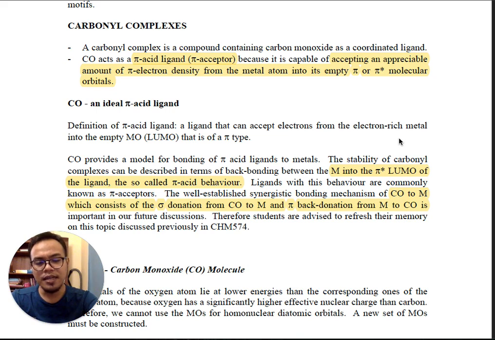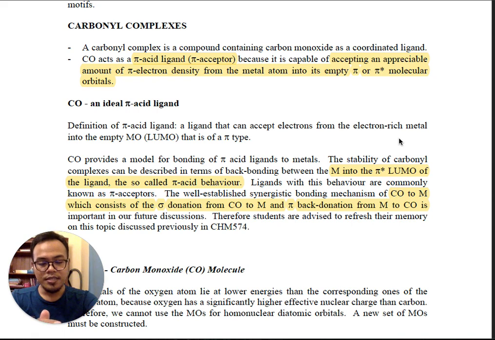This is something that I missed discussing earlier, and I intentionally postponed it to this video because I did not want you to get confused. Later we are going to see the mechanisms of how these complexes are formed. In that discussion, I'll be using terms like sigma orbitals or pi orbitals.